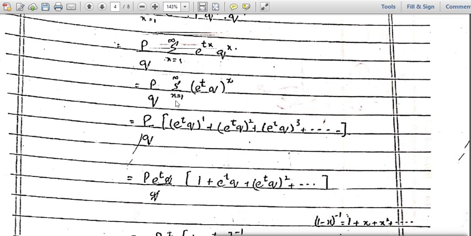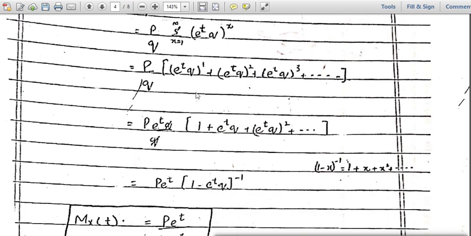We apply x from 1: first e^t q into 1, plus e^(2t) q^2 for 2, and then the term for 3, and so on. We take e^t q common, and inside the bracket we get 1 plus e^t q plus (e^t q)^2 and so on.